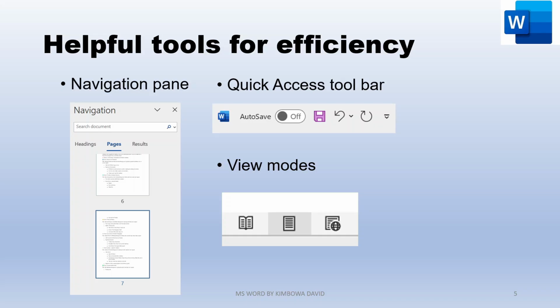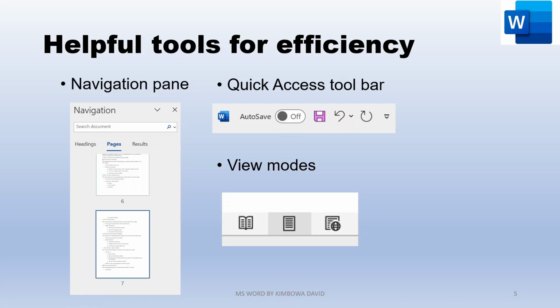If you have an account with Microsoft, it gives you space to save your documents online, and when you turn this feature on, this one that you're seeing as autosave off, it can actually be saving your documents every now and then to OneDrive.